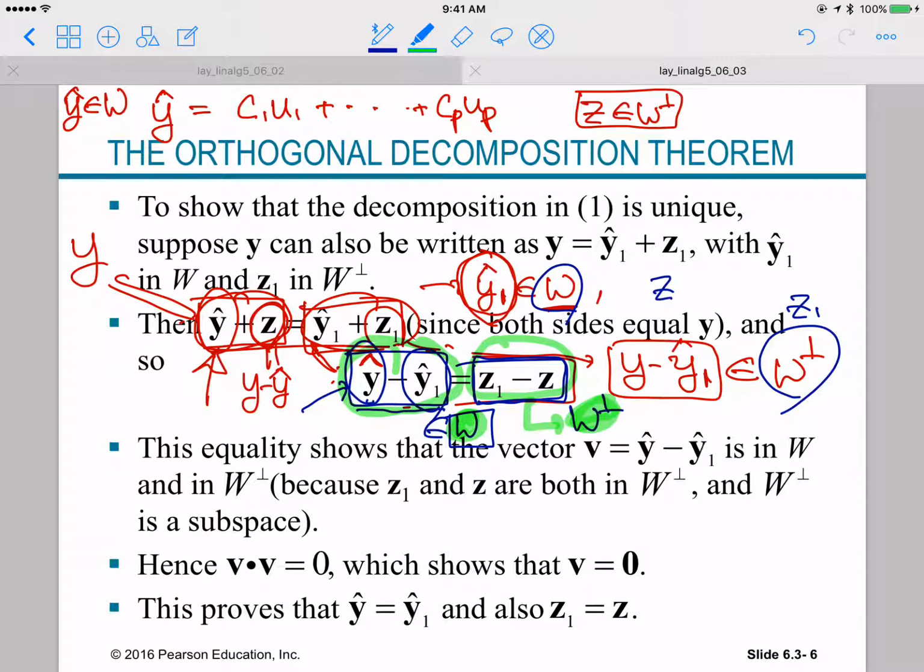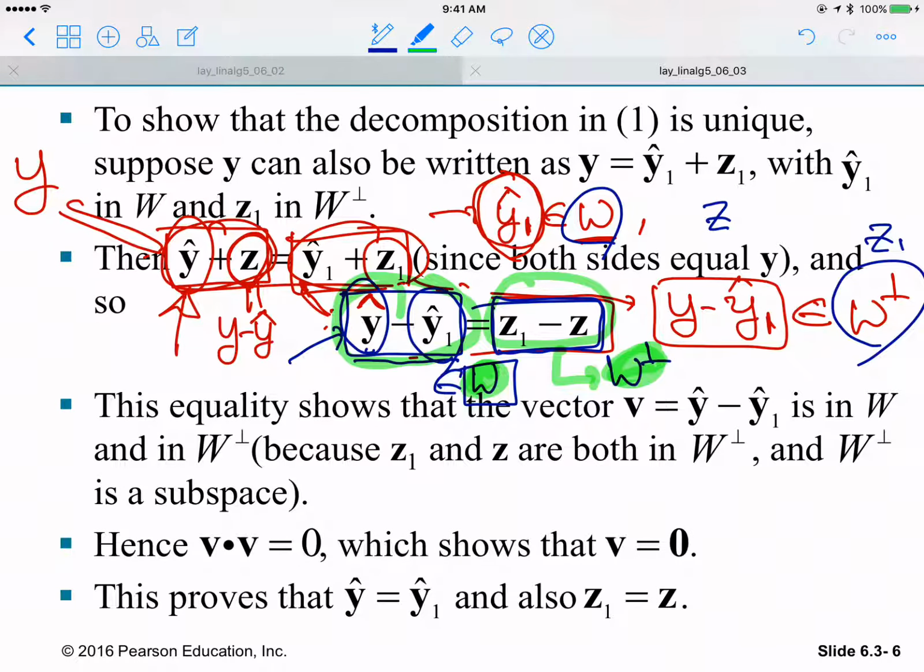Okay, and so W perpendicular, by its definition itself, if we pick up one vector from W perpendicular, should be perpendicular to our original subspace. So it leads to this. Let's call this vector a new vector v, which is the same vector, but v belongs to W and W perpendicular.